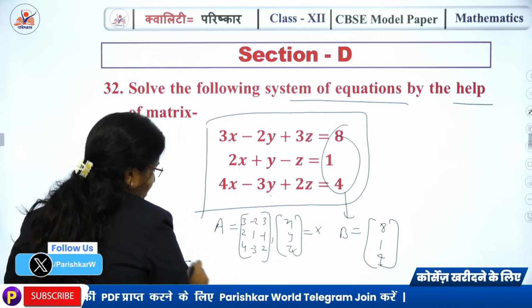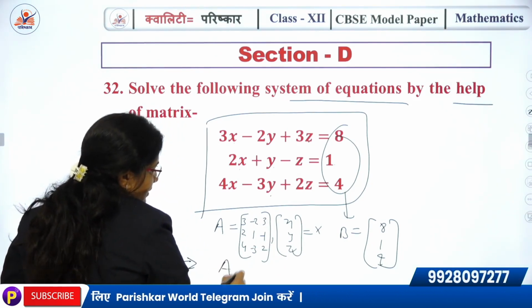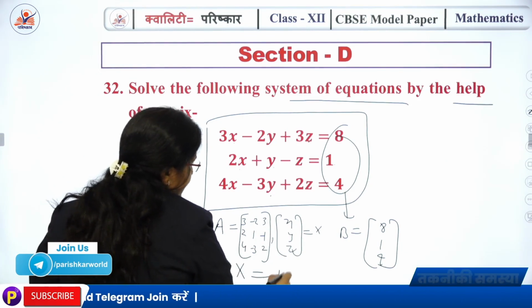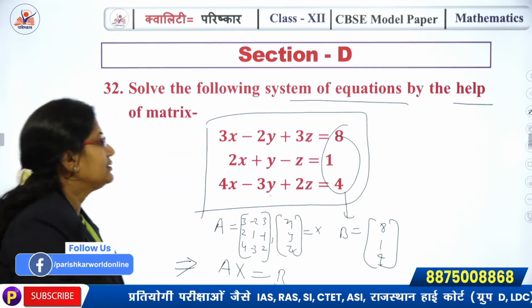So these equations can be written as AX equal to B. Okay, student? Let's see.